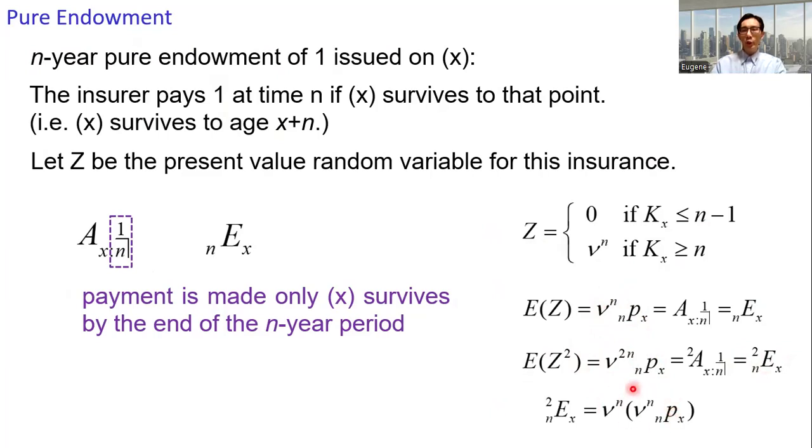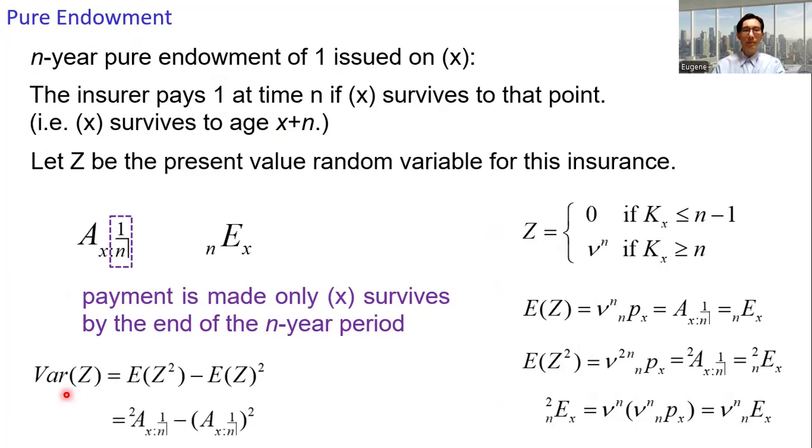We can express this as v^n times v^n times npx, and v^n times npx is nEx. Therefore, the second moment of Z is v^n times nEx. The variance of Z is, simply by definition, the expected value of Z squared minus the square of the expected value of Z.